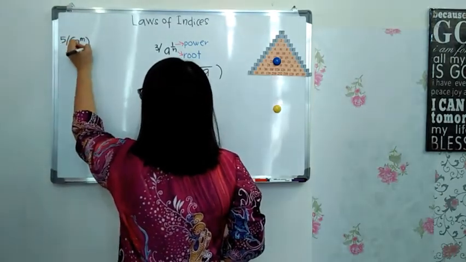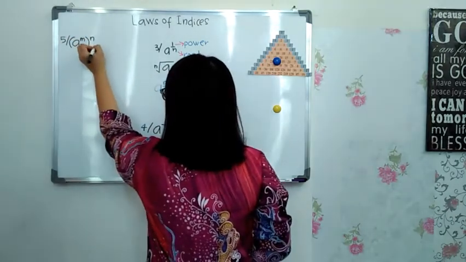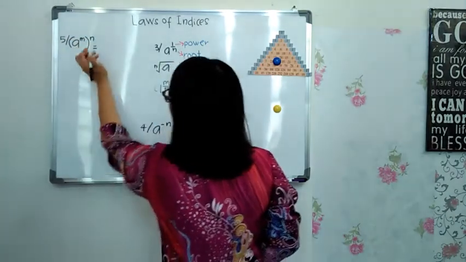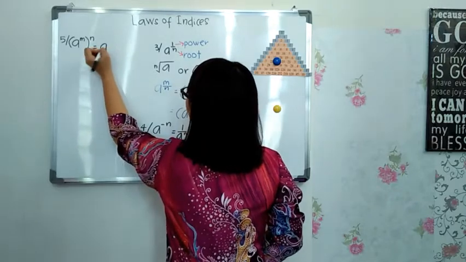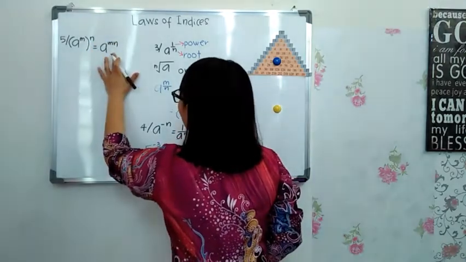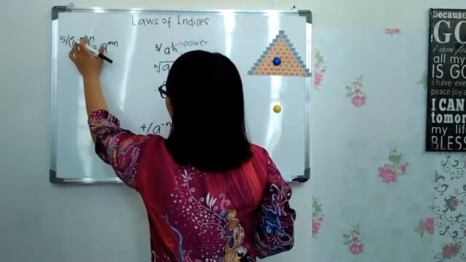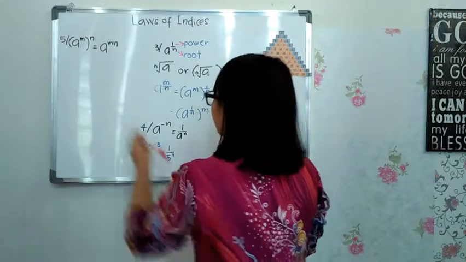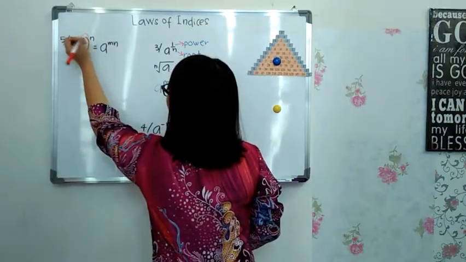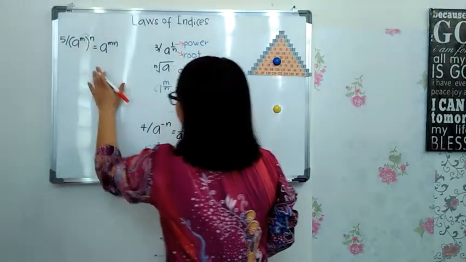A to the power of m and power of n again. So we will get a to the power of m times n. How do we get this? The brackets mean multiply.